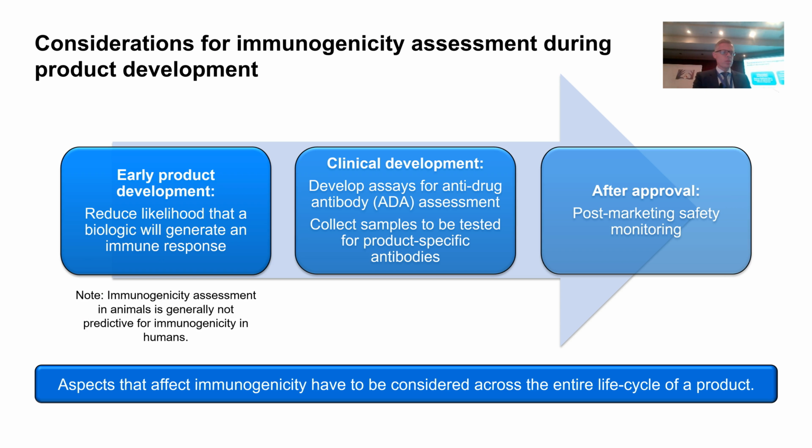This is just to illustrate the considerations for immunogenicity assessment during product development, and it has to be done early, in the clinical development, and of course, I think this is of high importance after approval. And we talked about registries.